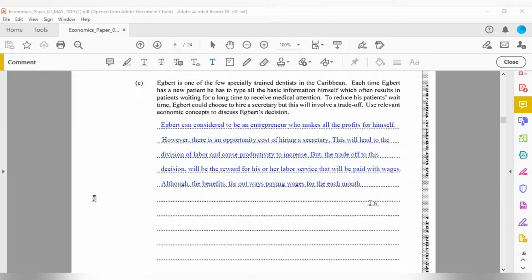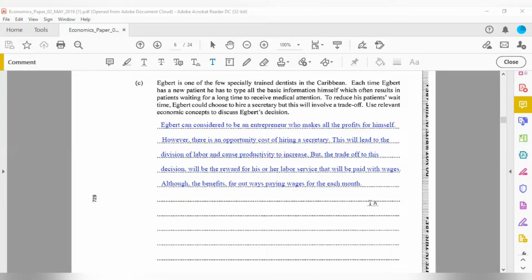C. Egbert is one of the few specially trained dentists in the Caribbean. Each time Egbert has a new patient, he has to type all basic information himself, which often results in patients waiting for a long time to receive medical attention. To reduce his patients' waiting time, Egbert could choose to hire a secretary, but this will involve a trade-off. Use relevant economic concepts to discuss Egbert's decision.